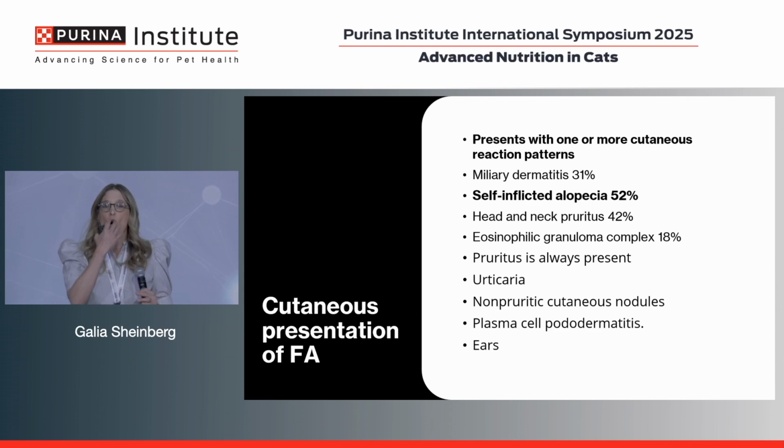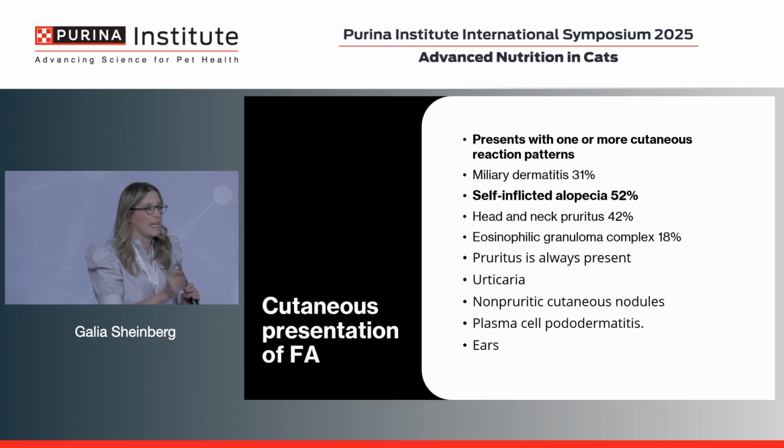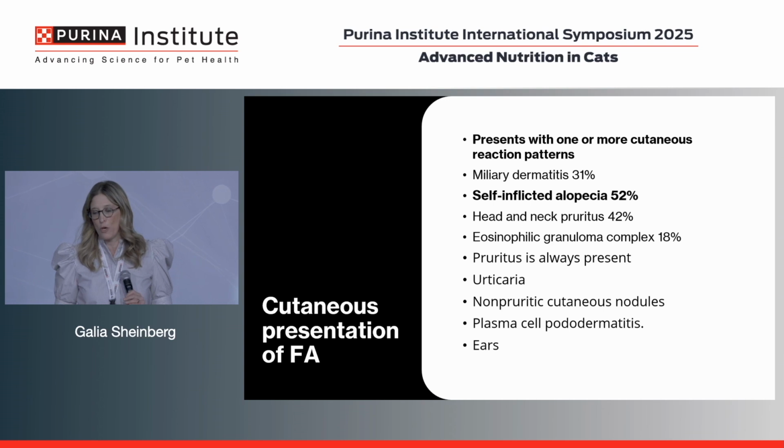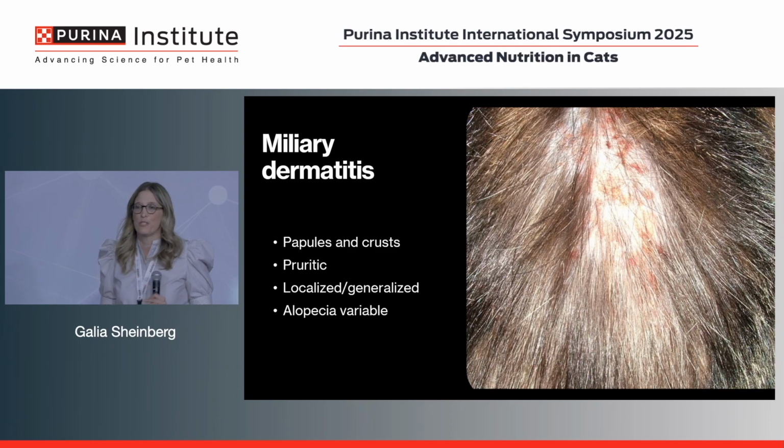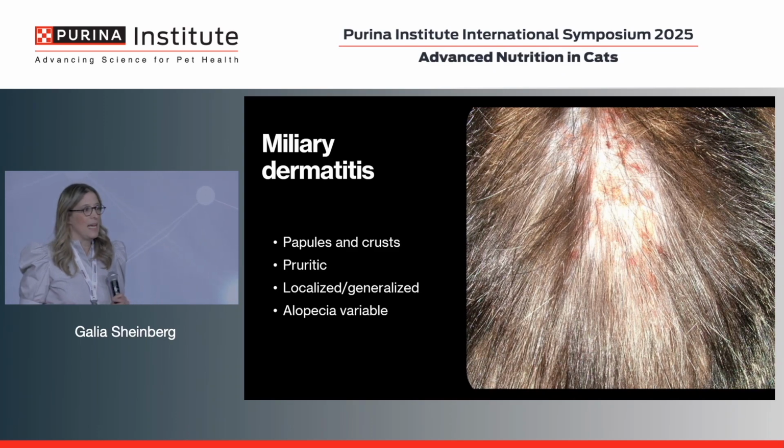Look at the ears, open the mouth, and look carefully at all of the cat because we want to find anything and everything that's going on with those patients. And finally, but not least, all of these patients tend to be pruritic. They are itchy.